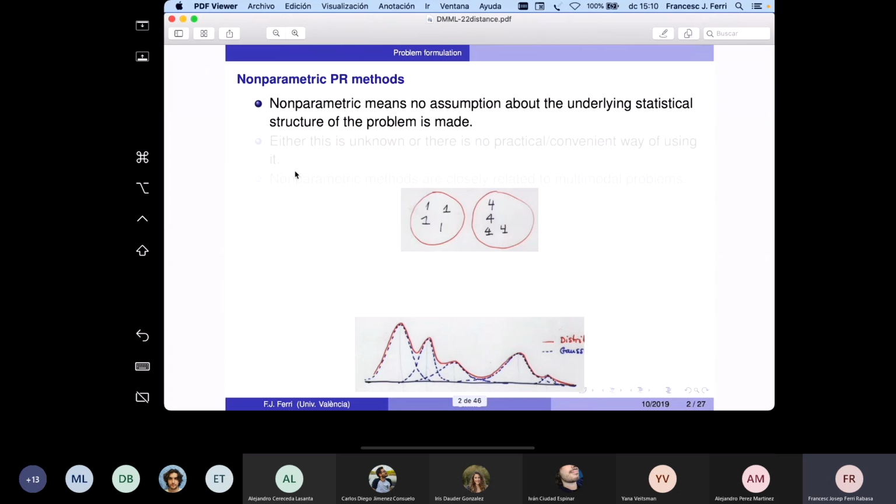We always have parameters, but when we say parametric or non-parametric, we refer to the parameters of the distributions. So we assume we have no distributions at all. Even if we have, we ignore them. It's okay? So we make no assumption about the underlying statistical structure of the problem.